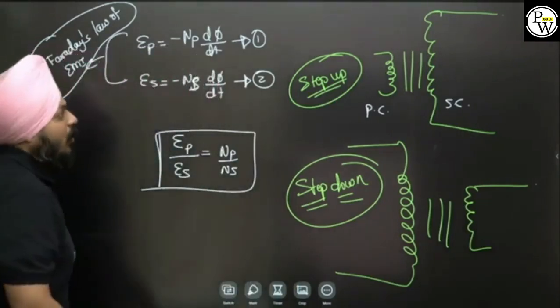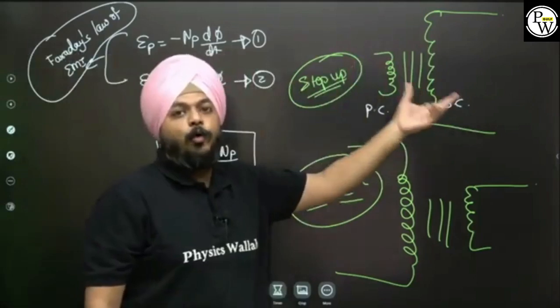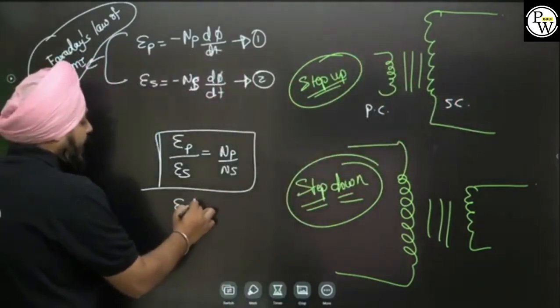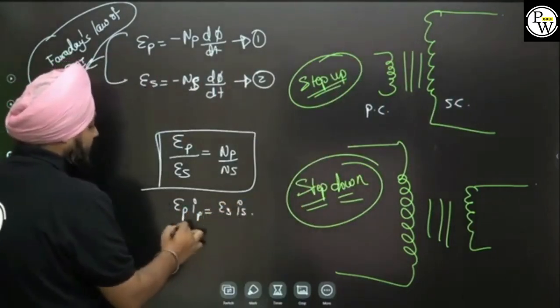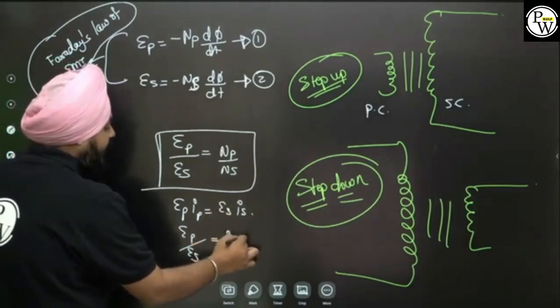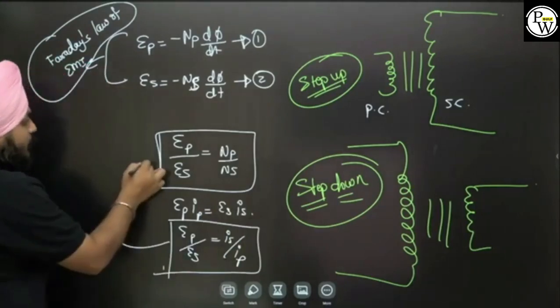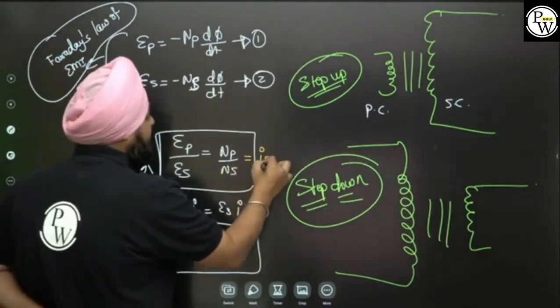Now, on both of these sides, we can say the product E_P I_P is equal to E_S I_S. So E_P by E_S, that is the voltage across the primary and secondary, is I_S by I_P. So again, we can write it here as I_S by I_P.